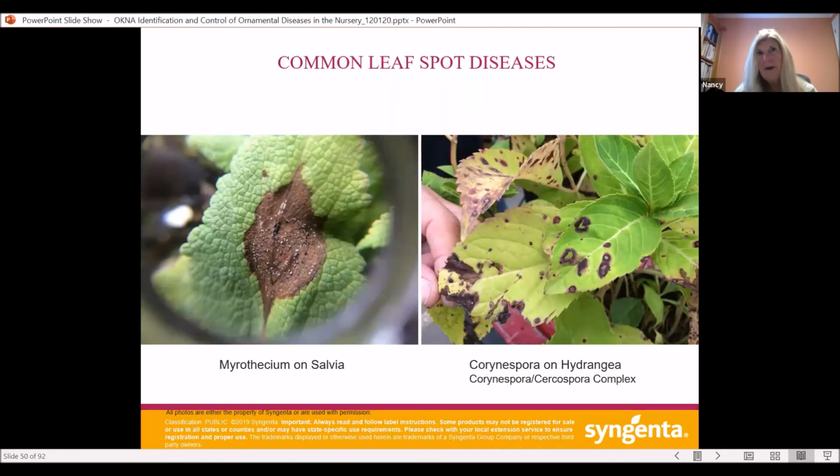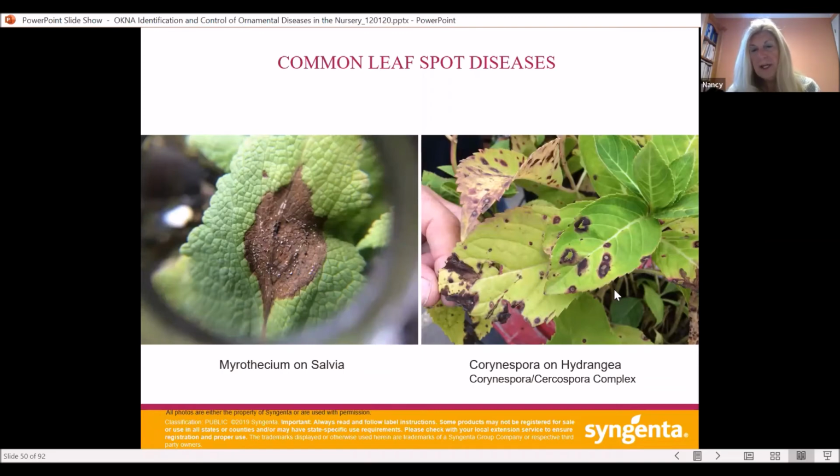They're black, but they also have like an Oreo cookie type effect, because you see this white component to this reproductive structure. So it looks like a dark top with white coming out of it, almost like you've squished an Oreo cookie. And that's very indicative of Myrothecium. So if you happen to see that, that's a good clue that you have an issue with Myrothecium.